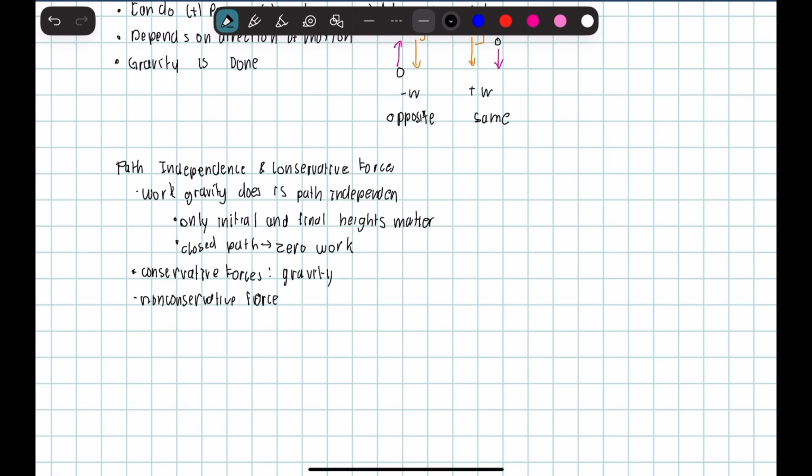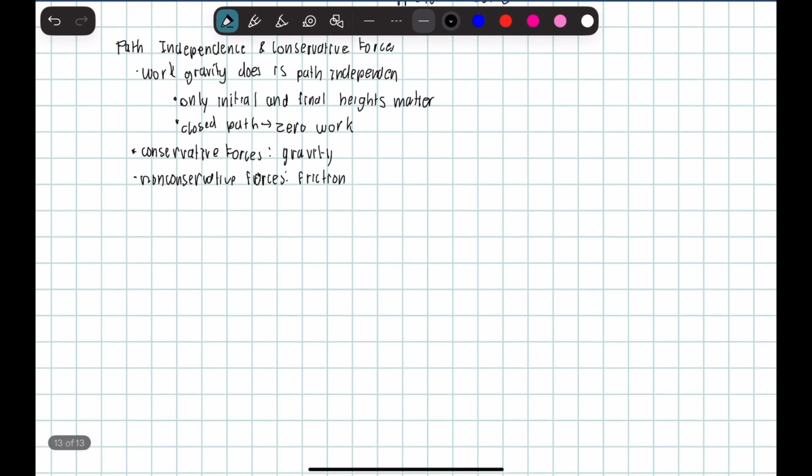Think about it, some energy is lost, like lost to the environment in the form of thermal energy, and friction depends on path. And remember that if friction is present, that means mechanical energy isn't conserved.